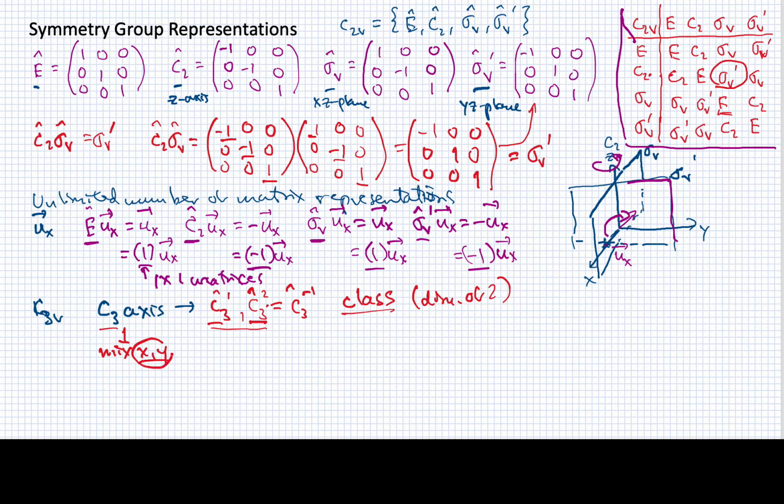If I'm mixing these together and there's no way I can prevent doing that, then I am inextricably limited to a two-dimensional representation for this particular symmetry element and these particular symmetry operations. So that makes things a little bit more complicated than in this case, where everything can be one-dimensional as I've drawn it here.